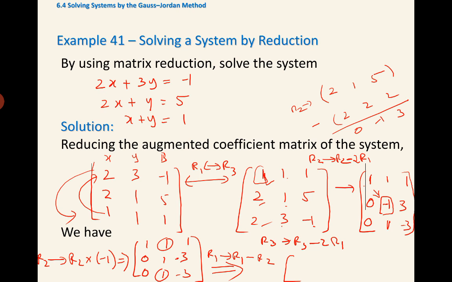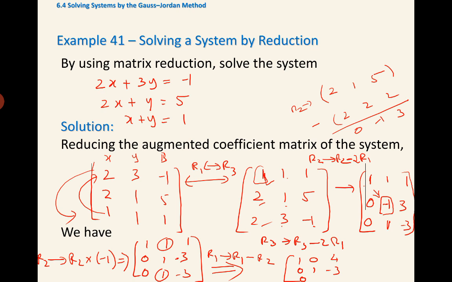The first column has no changes, 1, 0, 0. The second row will remain the same. So writing the first row now: R1 minus R2. 1 minus 0 is 1. 1 minus 1 is 0. 1 minus negative 3 is 4.